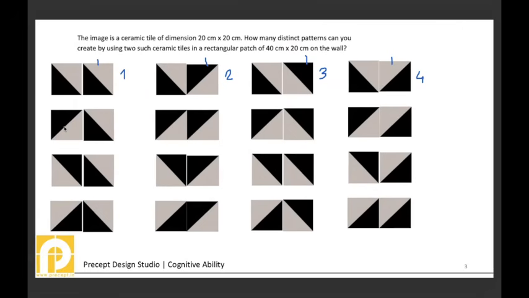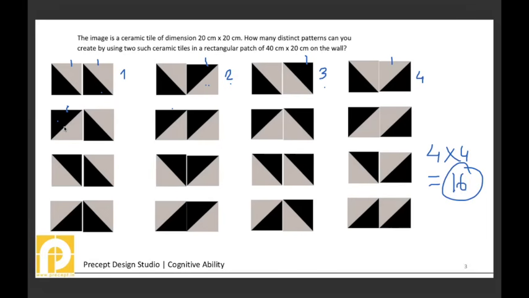So if I stick to one pattern, say this one, 1, 1, this is 1, 2, 1, 3, 1, 4, and then I again take the second pattern, which is this one here, keep that stagnant and then repeat that same process. I'll get 4 by 4 distinct patterns, which is 16 distinct patterns in total.